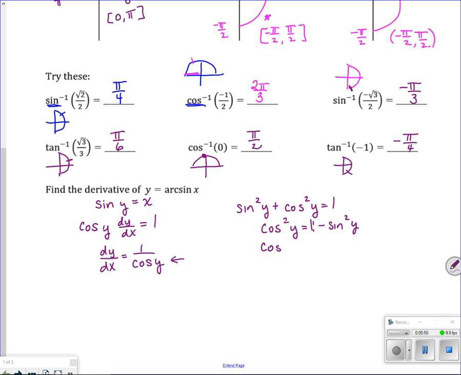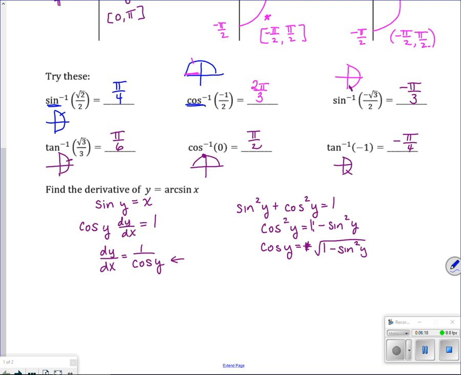So the cosine of y would be plus or minus the square root of 1 minus sine squared of y. But with the fact that I'm in quadrant 1, and with this derivation, it's going to be the plus, so I don't have to worry about both plus and minus.